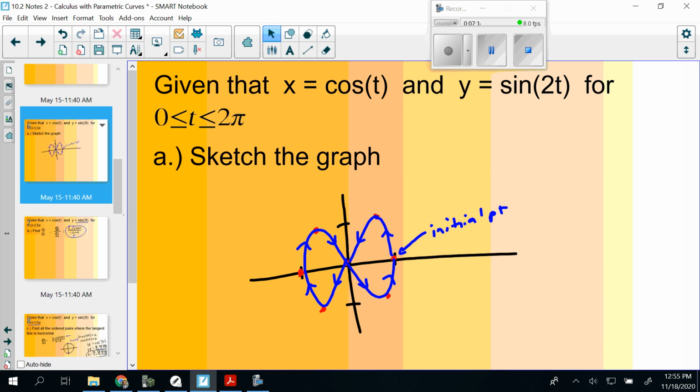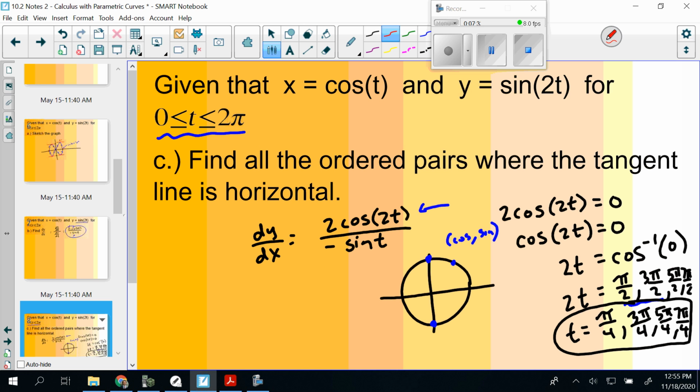If we go back to our picture, you can see there are 4 spots where we get a horizontal tangent line. Right there, right there, right there, and right there. So we should have 4 spots, and those are the 4 spots. This one would be the first one we had, where t was equal to pi over 4.